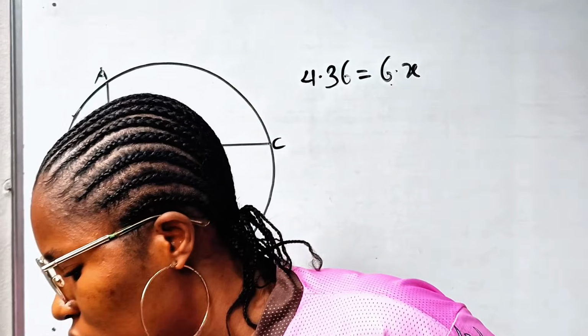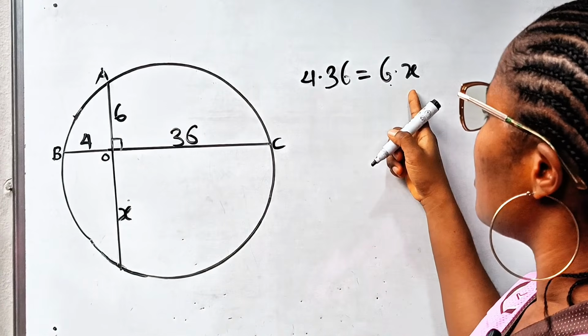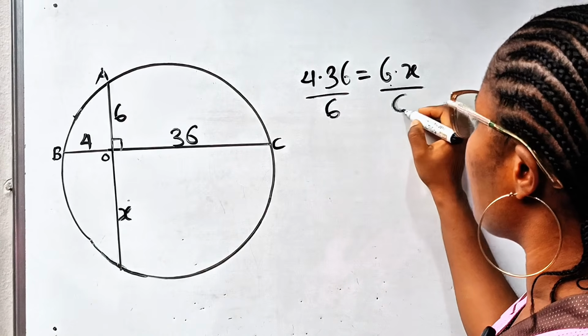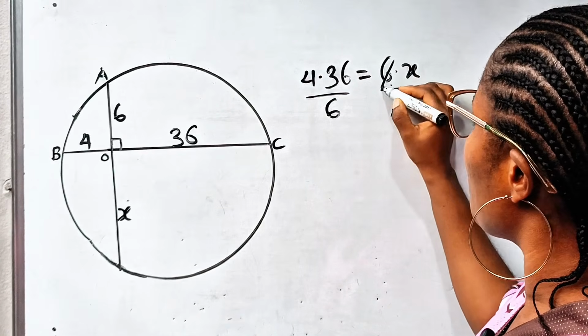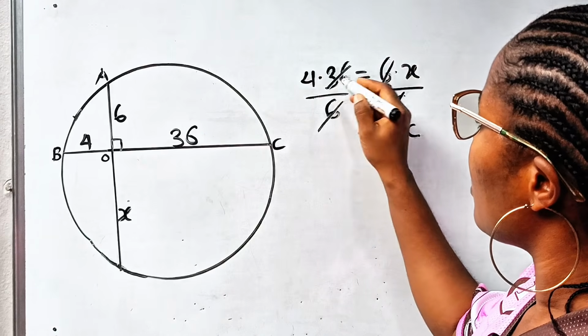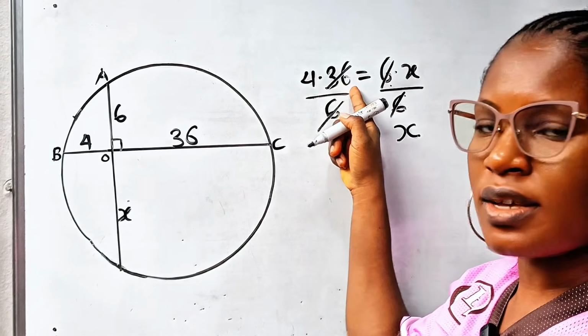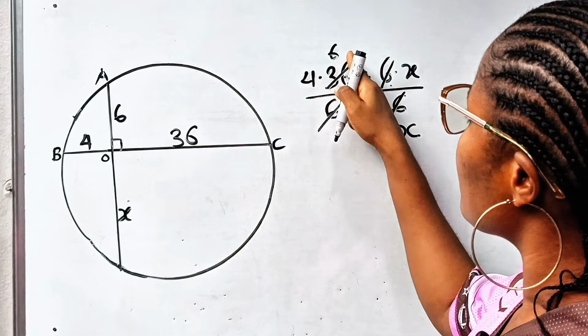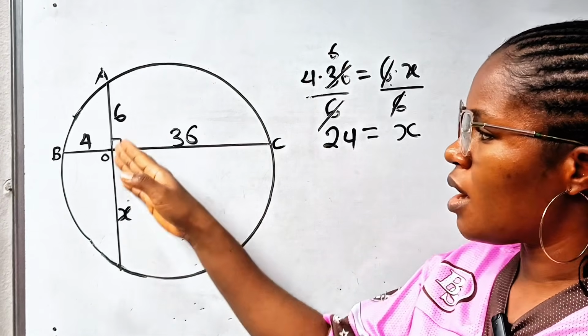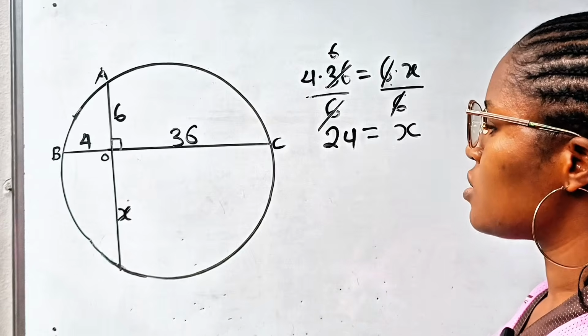To find x, let's divide both sides by 6. Now 6 divided by 6 leaves x, and 6 goes into 36 six times. Now 6 times 4 is 24. So it means that the unknown length is 24.